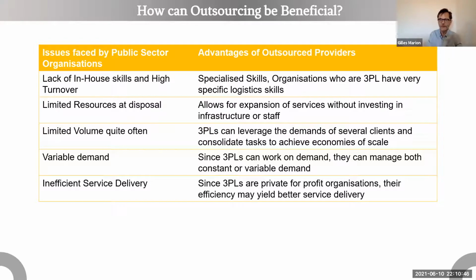For a private company which is working for profit, they will know how to mutualize costs so that they can reach places where a single company would not be able to make this investment. And the private sector is here for business, so they have this necessity to thrive and to be efficient. Otherwise, they are just out of business.